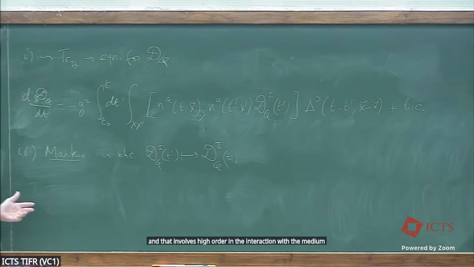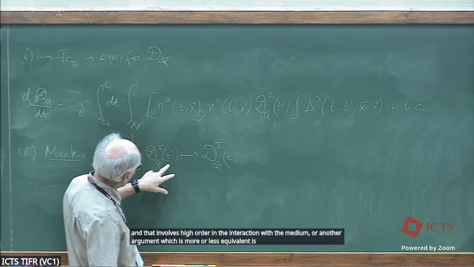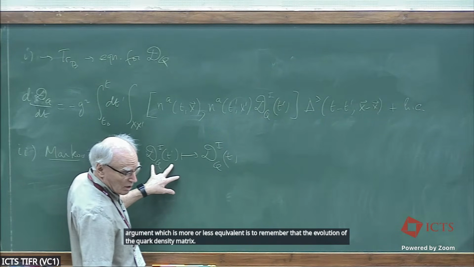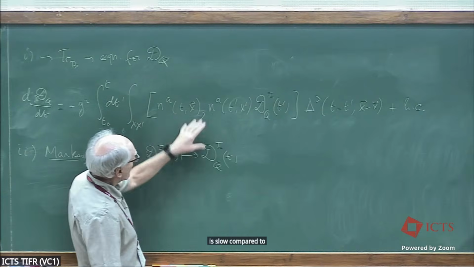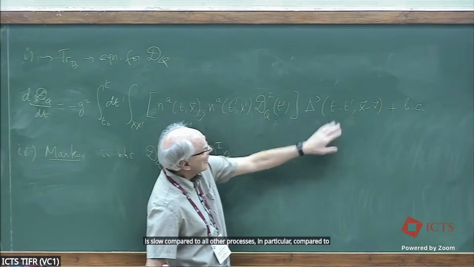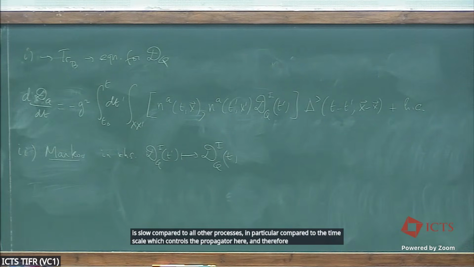Or another argument, which is more or less equivalent, is to remember that the evolution of the quark density matrix is slow compared to all other processes, in particular compared to the time scale which controls the propagator here, and therefore that is supposed to be a reasonable approximation.